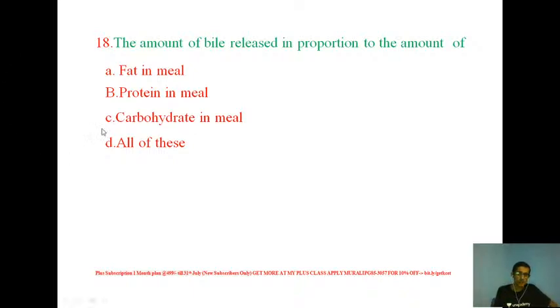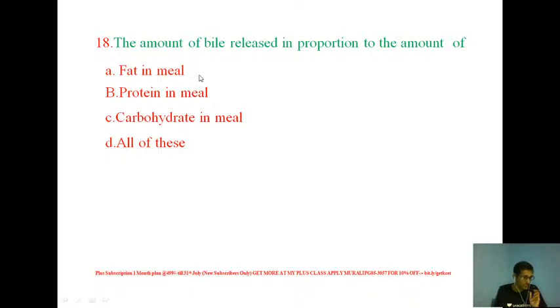Bile is important for the emulsification of fat, isn't it? Fat, if the lipid is bigger in size, is converted into smaller droplets of lipid molecules by the action of bile.